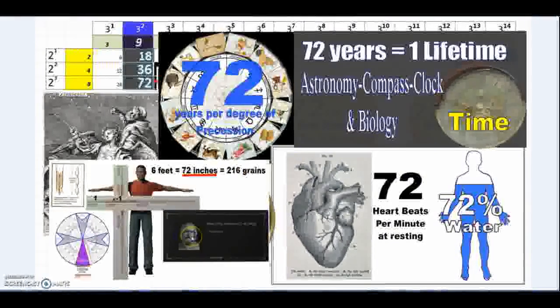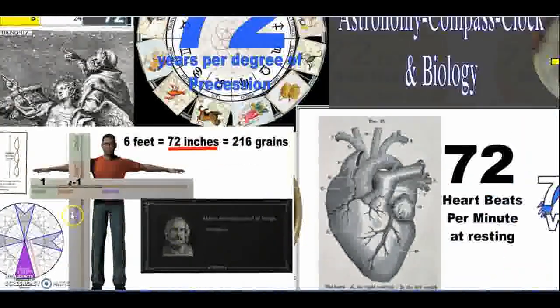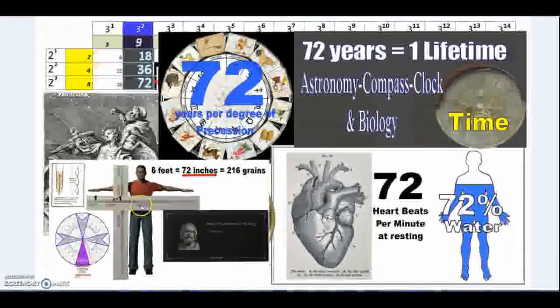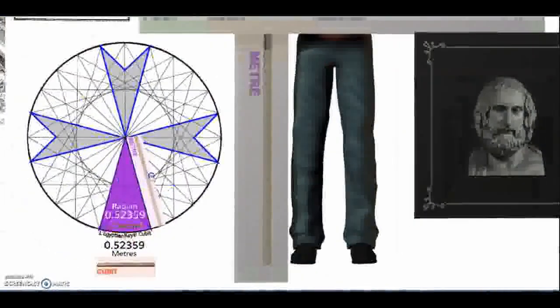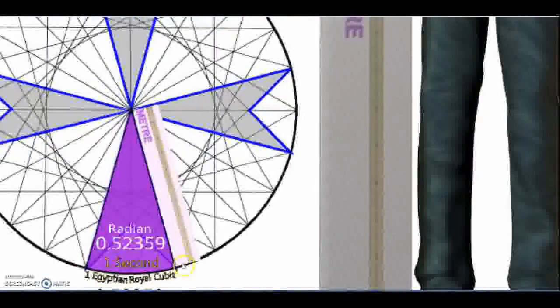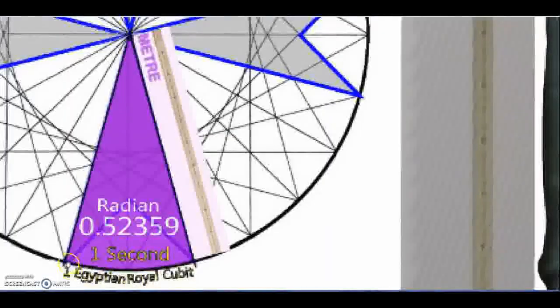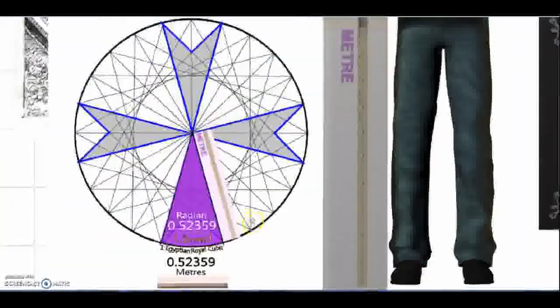Alan Green, I'll try to remember to put the link in the description, talks about 1 foot plus 1 cubit plus 1 meter equals 6 feet, the connection between the cubit and the meter. I'll go on to say the importance of the meter in the 1 second pendulum, a measure of time, just happens to create an arc of 1 Egyptian royal cubit.